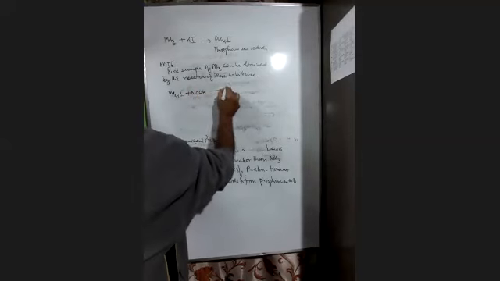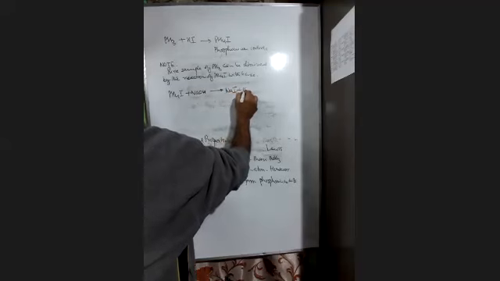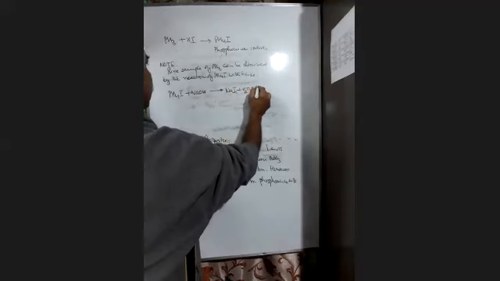So PH4I plus NaOH will give you sodium iodide, H2O and phosphine.